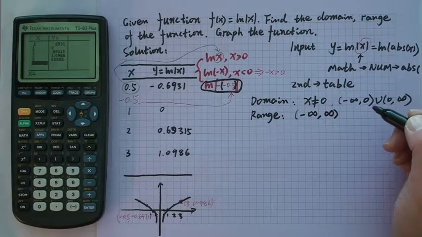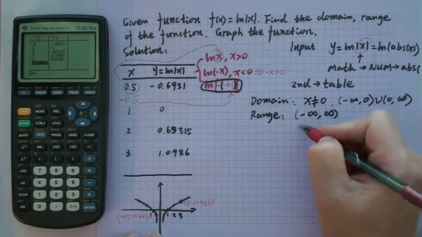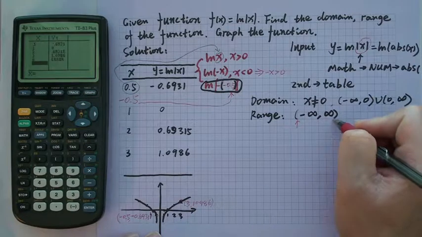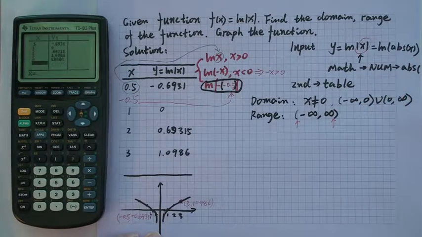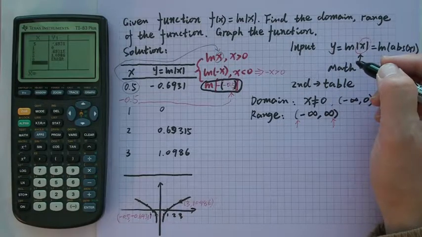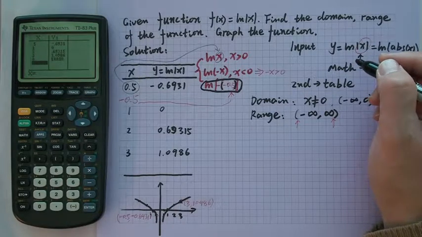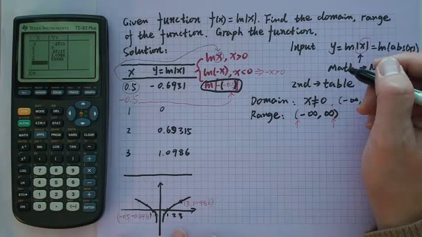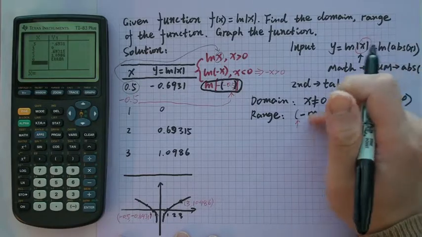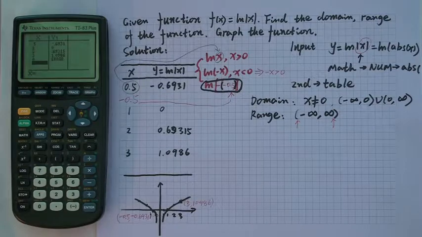Again, make sure that for infinity you always use a round bracket. We don't learn advanced math; there are some cases where you can use a square bracket, but right now we don't do that. So we have the domain, we have the range.